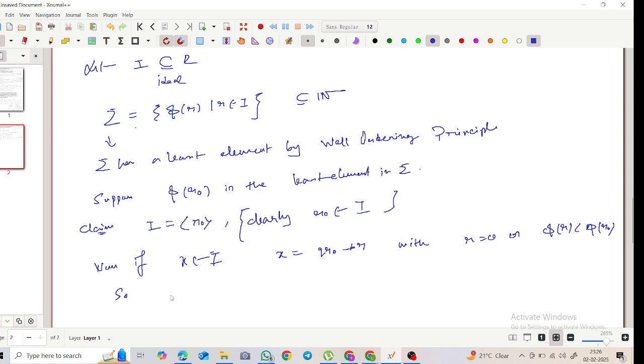So x minus q r0 equals r belongs to I, because q r0 is in I and x is in I, so the difference is in I.